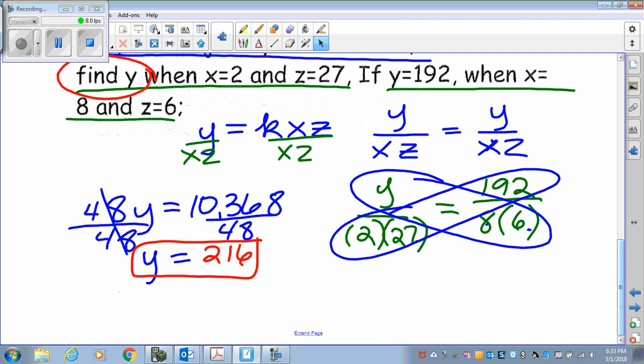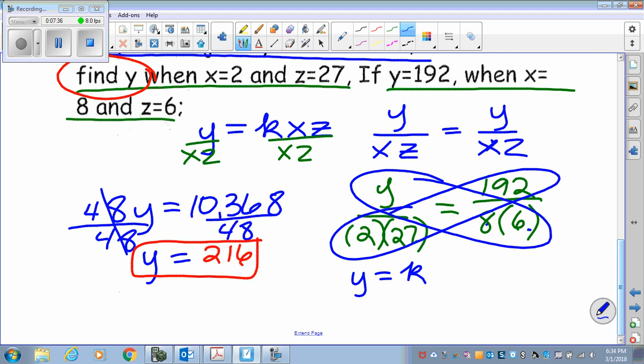And sometimes they want to know the constant of variation. If I wanted to know the constant of variation, I would say y equals the constant of variation times xz, and substitute in what I know. So I know I've got these three together. I could substitute there 192, k, 8, and 6. And then divide by 48, because that's 48.